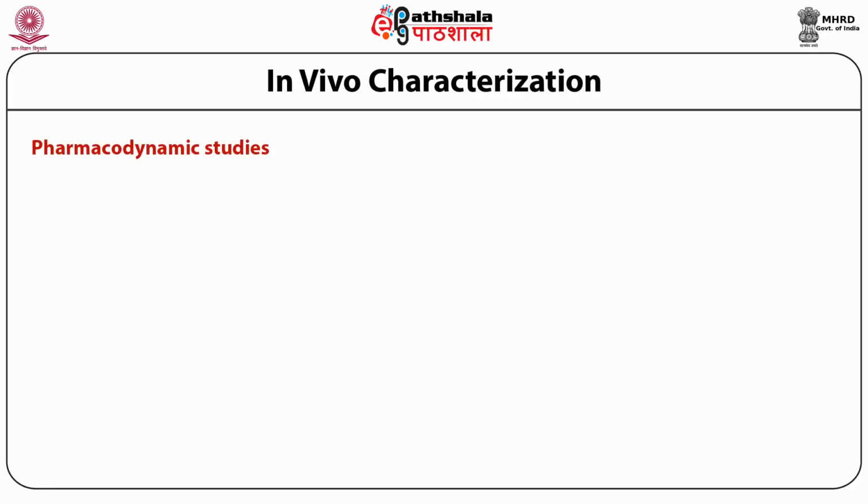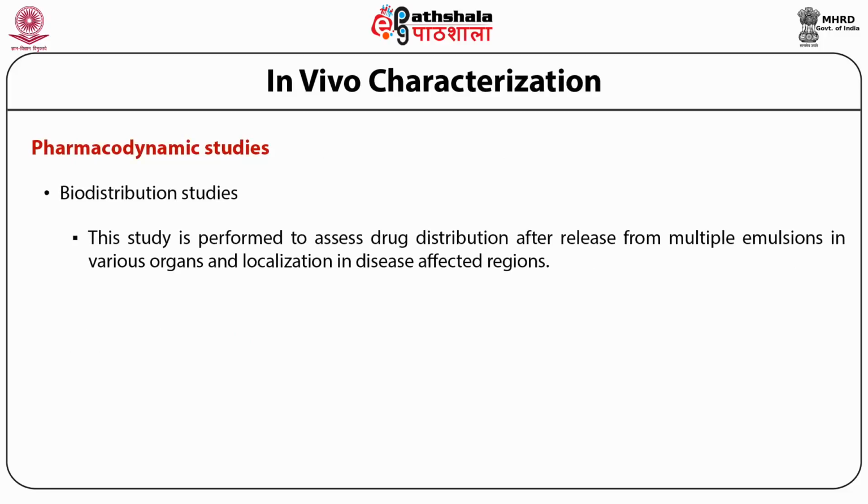Pharmacodynamic studies. Pharmacodynamic studies are generally performed in disease-induced models in which we are generally observing certain parameters in diseased models of the rats or the mice or the guinea pig, and we evaluate the certain parameters by injecting the multiple emulsion formulation.